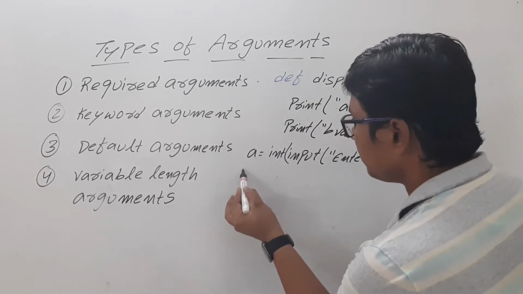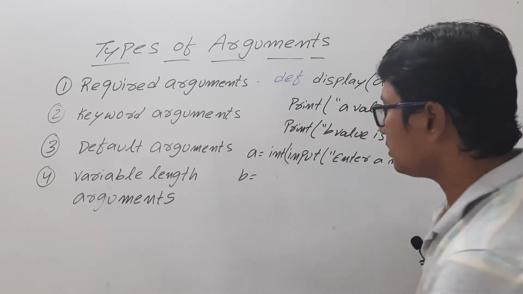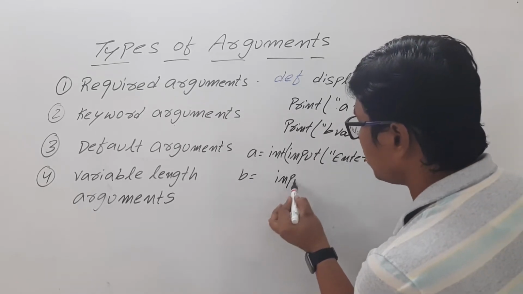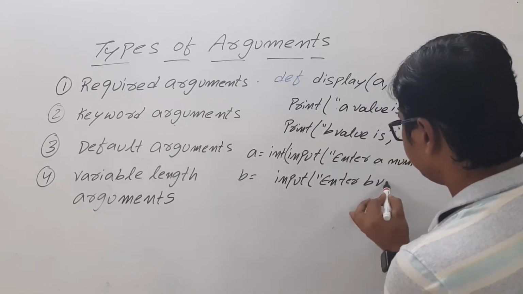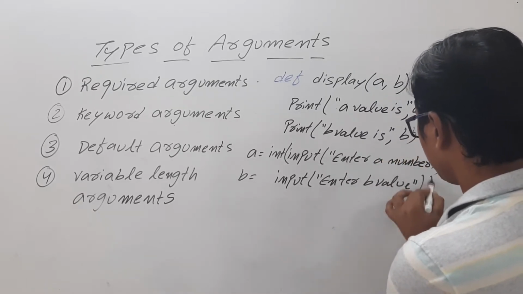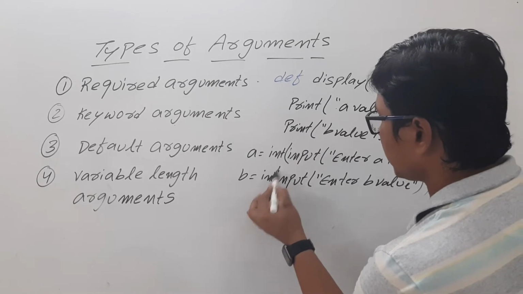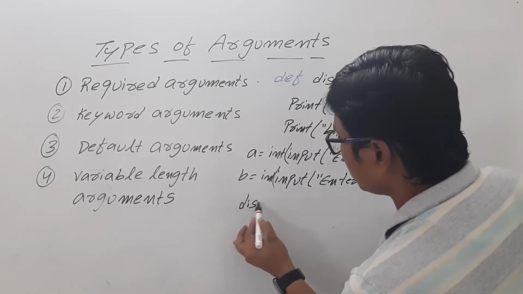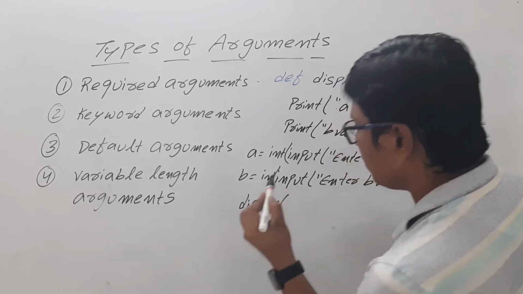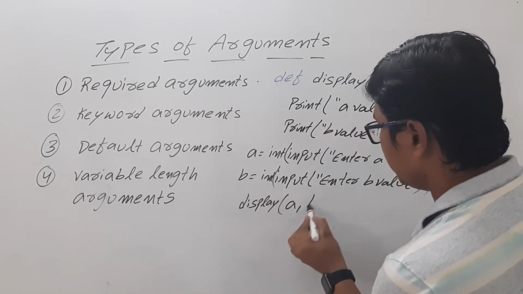Similarly, I will ask the user to enter the b value with the help of the function called input. Enter b value, and then I have to do the typecasting. Then I will call the function called display with a and b.